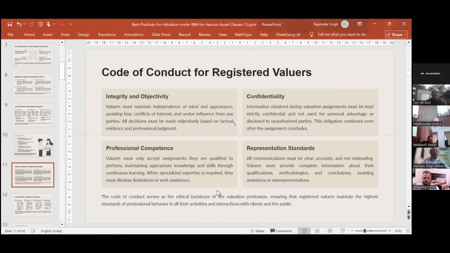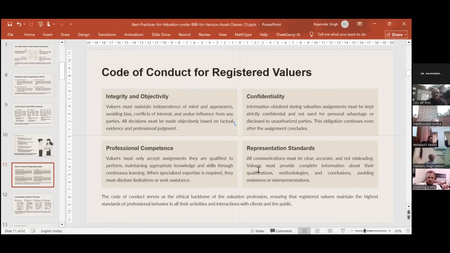And then representation standards. So whenever you are doing any valuation or any work, all the communications you are doing must be clear, accurate, and not misleading.